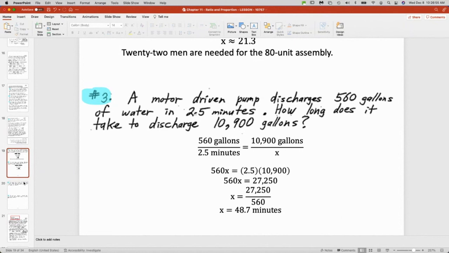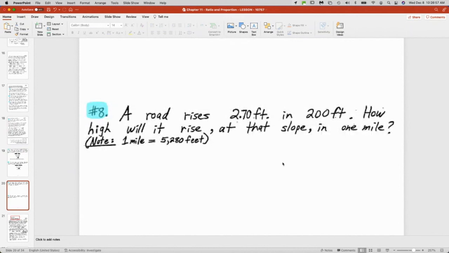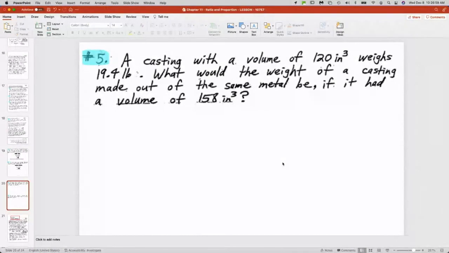let's go on and try another question before I embarrass myself a little bit by assuming too much. A casting with a volume of that many cubic inches weighs that many pounds. What would the weight of the casting made out of the same metal be if it occupied a volume of 158 cubic inches?